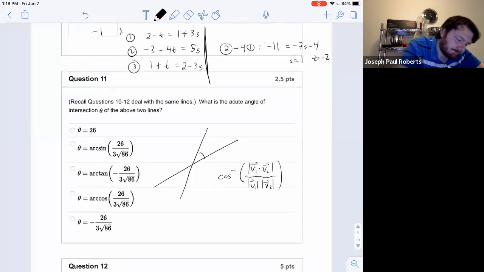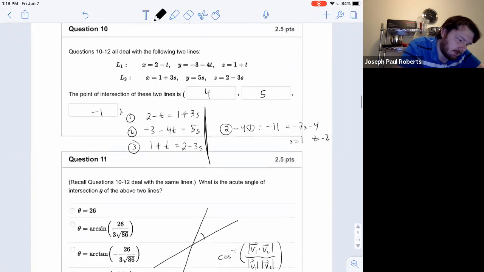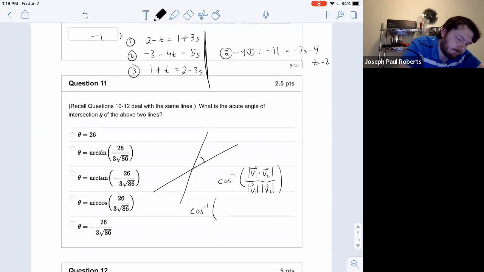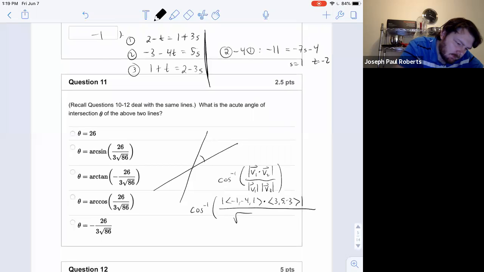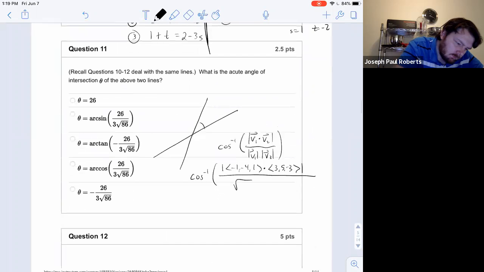So V1 is negative 1, negative 4, 1. So absolute value of negative 1, negative 4, 1, dot product 3, 5, negative 3, all over square root of 18 times the square root of what? 25 plus 9 is 43.